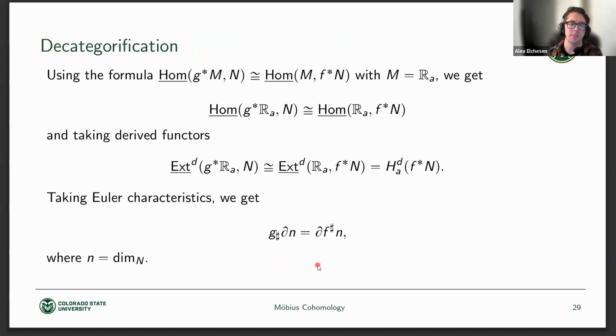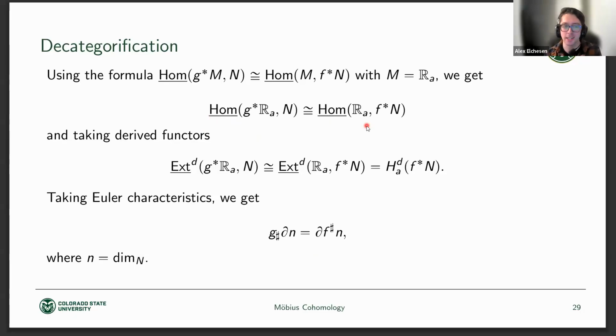But it also shows that this is a much stronger statement, because the Möbius functions and Rota's Galois connection theorem only operate at the level of integer valued functions, whereas this adjunction is saying something a lot stronger. It's incorporating all the algebraic information in the module.